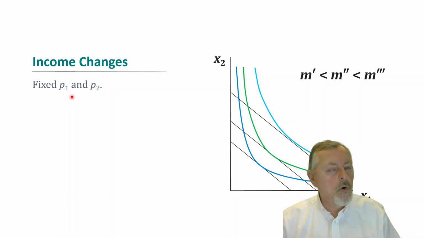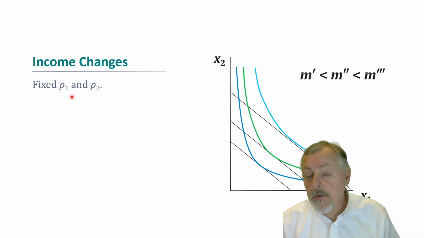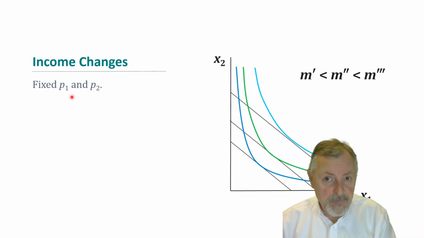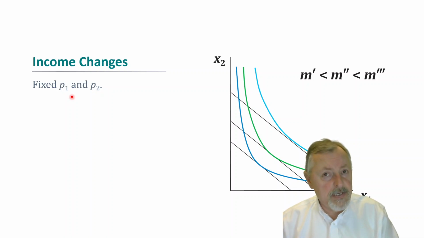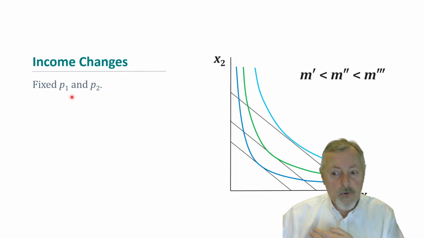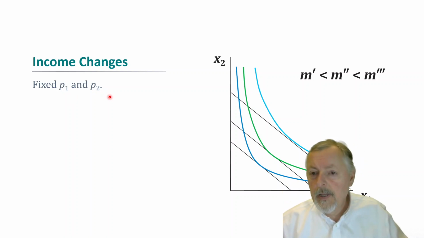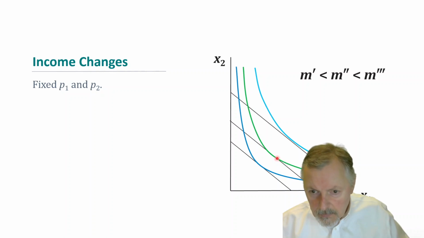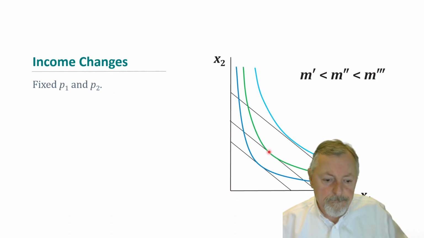But here, we're holding the prices constant. The only thing we're changing is your income. So the slope of the budget constraint stays the same. It just moves outward as you have more income. So you would optimize to here.